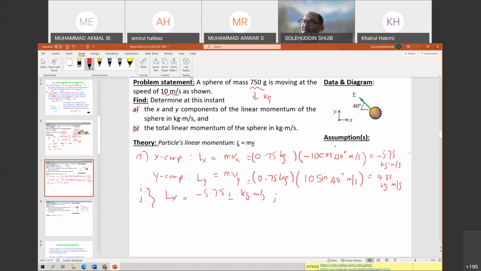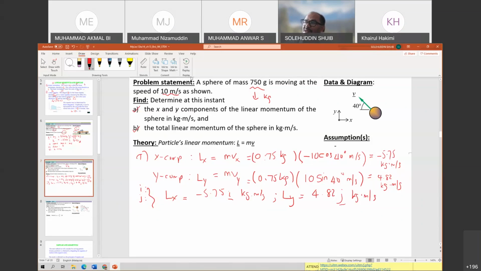For Ly we can write 4.82. Which direction? i, j, k? j. So we have j here, and the unit is kilogram meter per second. All right, this is the first part, part A.